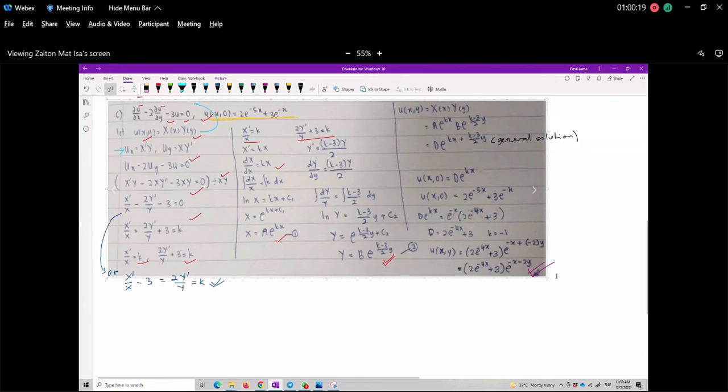Yes, you can do this. But I will still show you what else you can do if you have this type of situation. Start from here. So basically when we substitute the condition, we will have this and this one equals to.